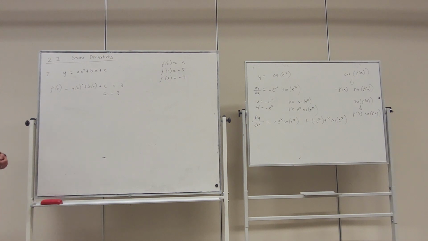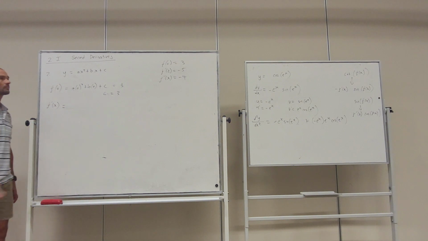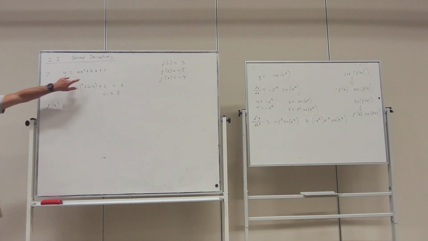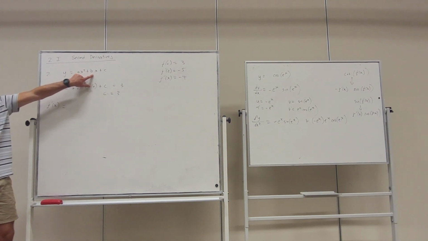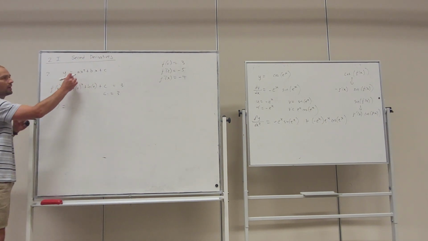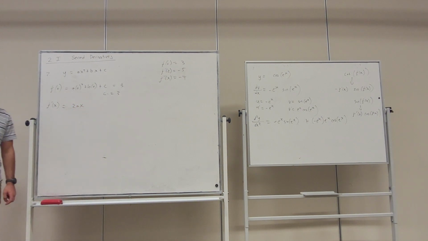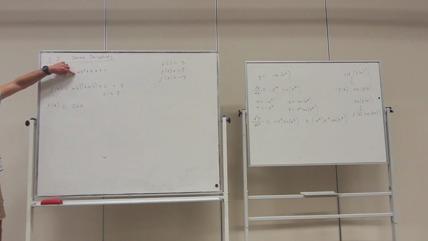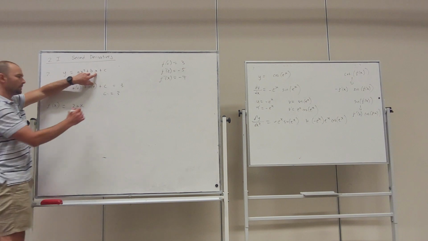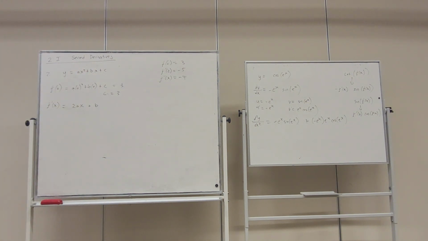Okay, next let's find the derivative function, f dash of x. Now, when you differentiate this, a and b are just numbers, so you just treat them as if they were a number, all right? The derivative of ax squared will just be 2ax. All right, that power just comes out the front, doesn't it? 2ax to the power of 1. And the derivative of bx is b. So that's our derivative function.